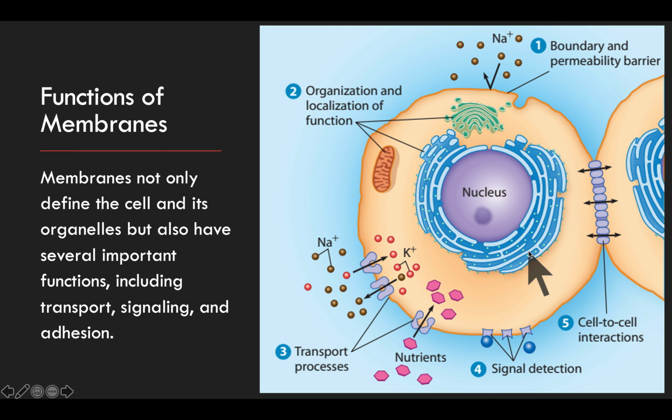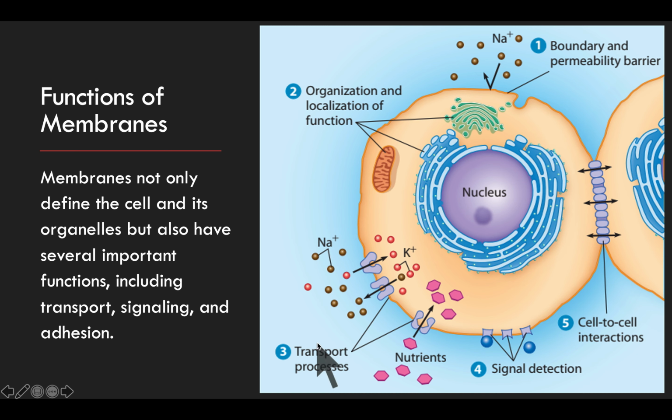So we begin by noting that biological membranes play 5 related yet distinct roles. First, they define the boundaries of the cell and its organelles and act as permeability barriers. Second, they serve as sites for specific biochemical functions.